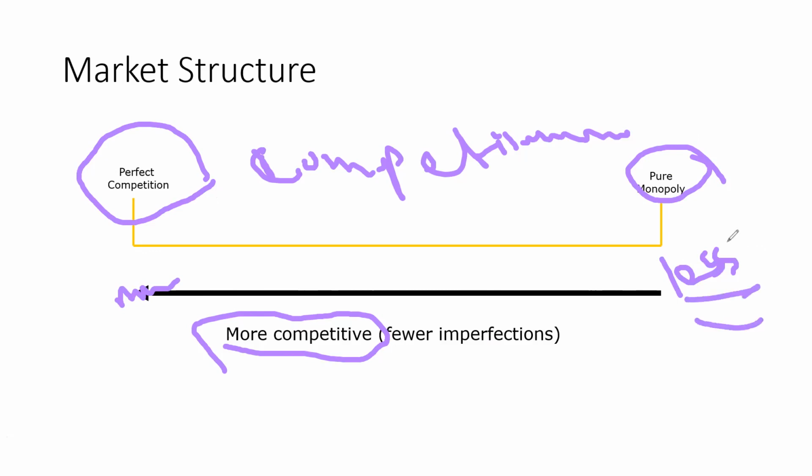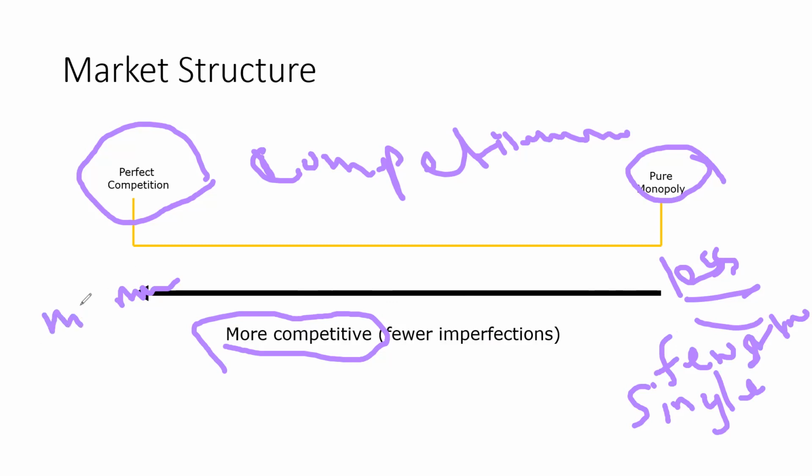If we consider this extreme, there are very few sellers, maybe only a single seller or a few sellers in the market. Here there are more sellers, so that's why huge competition is there.